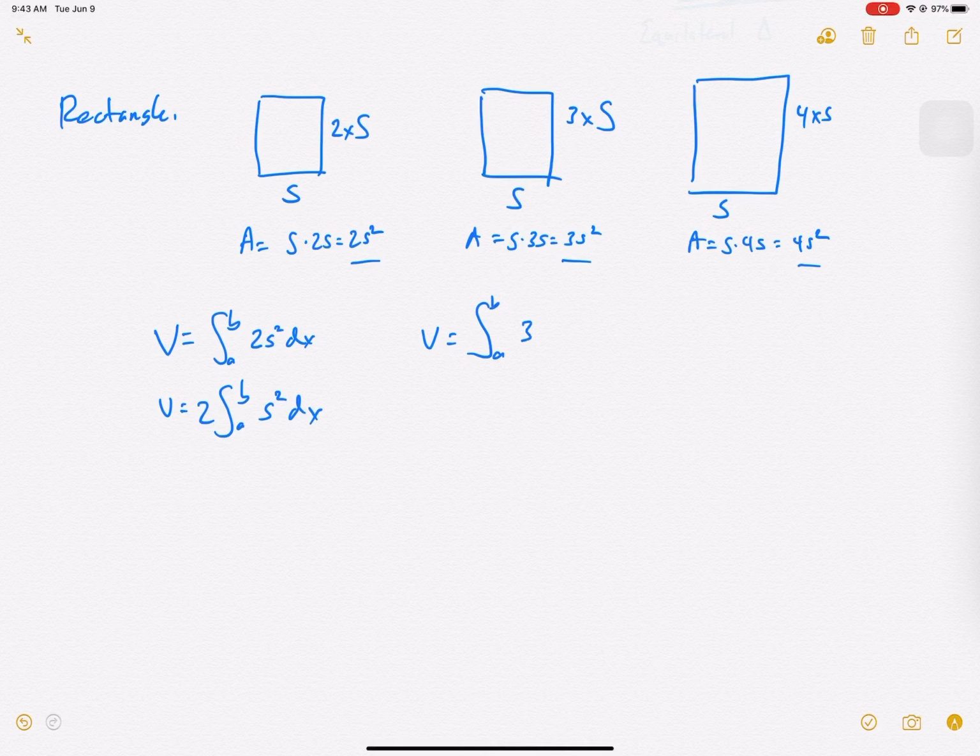And the area equation is 3s squared dx. Since 3 is a constant, we're going to kick the 3 out. The volume is 3 times the integral from A to B of s squared dx. And what if the side was 4 times as large? You can probably predict that the volume would be 4 times the integral from A to B of s squared.